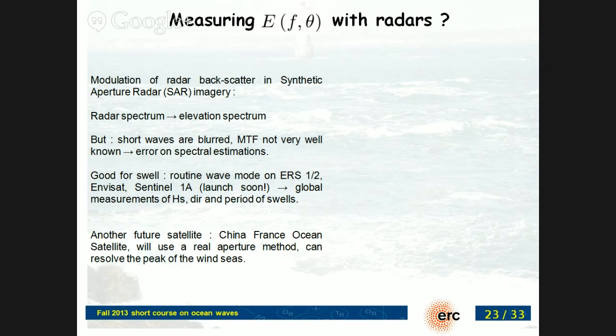So if you compute the spectrum in X and Y, you actually have the directional spectrum directly, Kx and Ky, and that was done since the ERS days. There's a wave mode on ERS that was carried over to Envisat and now to Sentinel-1. Sentinel-1 was launched last March or April.